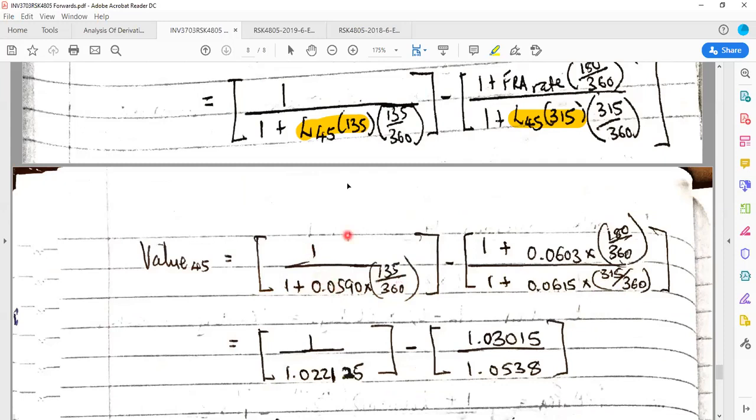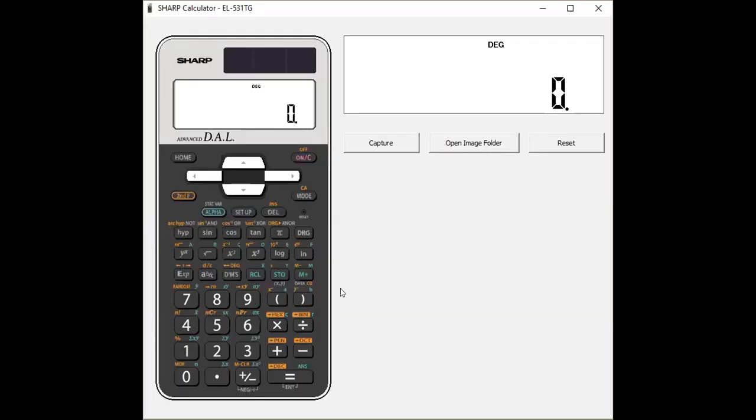To do the calculation for the bottom part, just to show you how we got 1.022125.